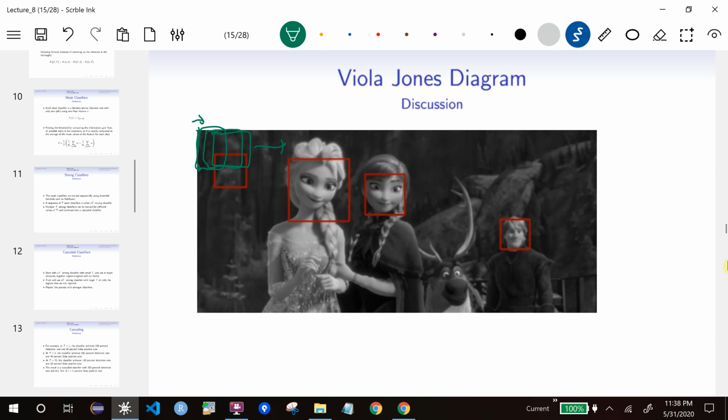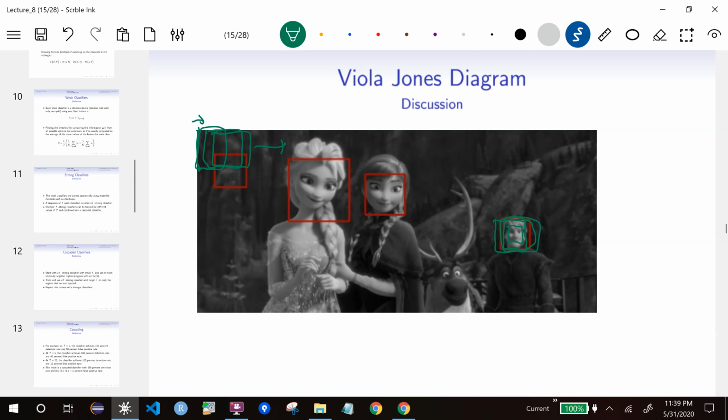The other part is, suppose we want to figure out this region. If you think about a nearby region, that would also be a face. And if you figure out another nearby region, that would also be a face. Also, if you figure out the one in a smaller scale, that also looks like a face.